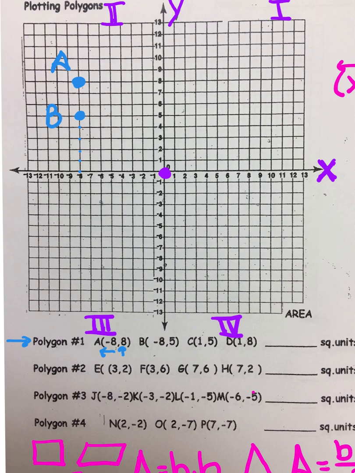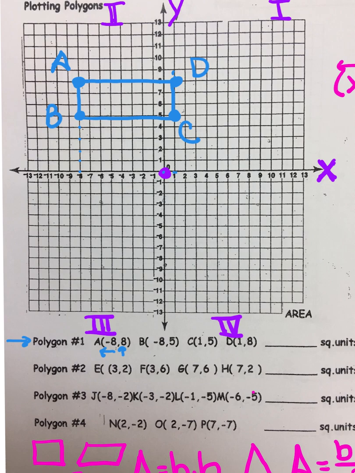Letter C, over +1, up 5. And lastly, letter D, over +1, up 8. Clearly, this is a rectangle. Take a moment and connect the points.